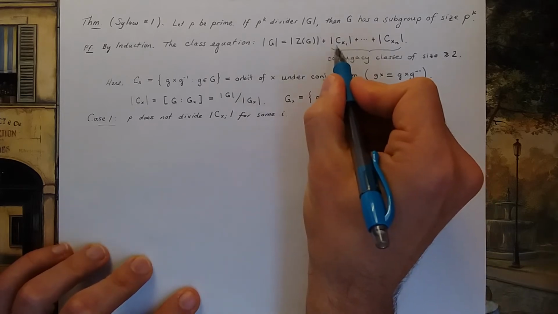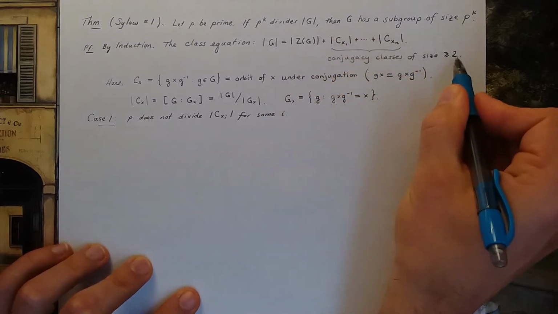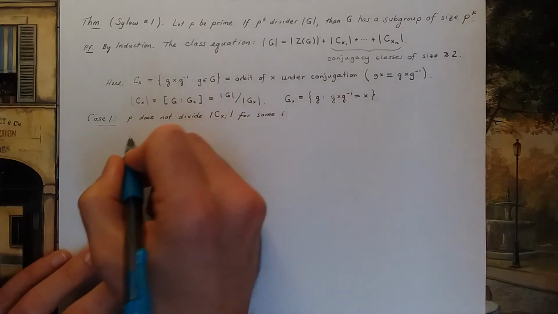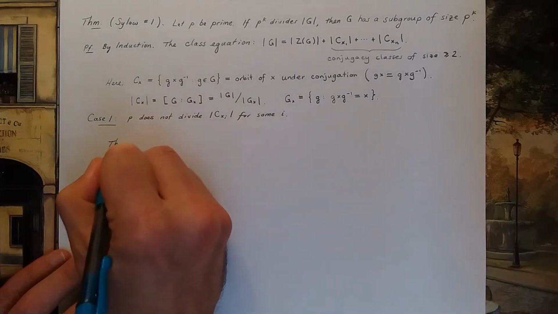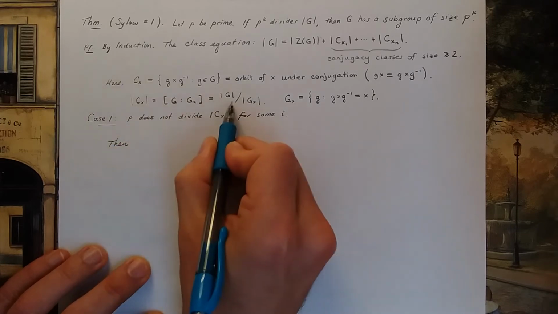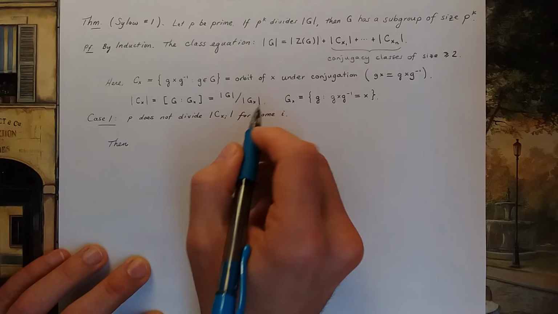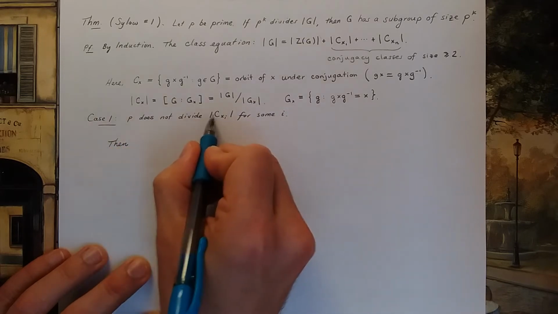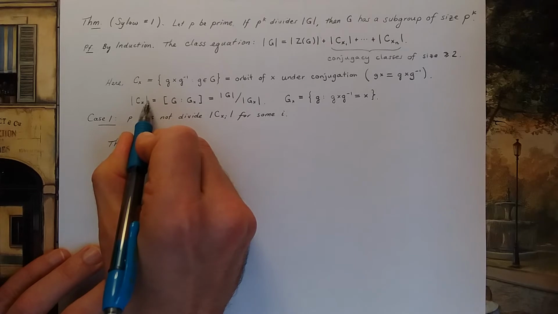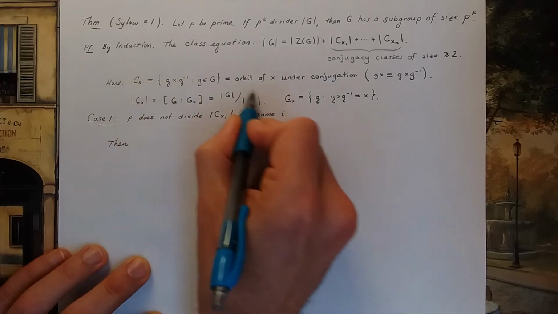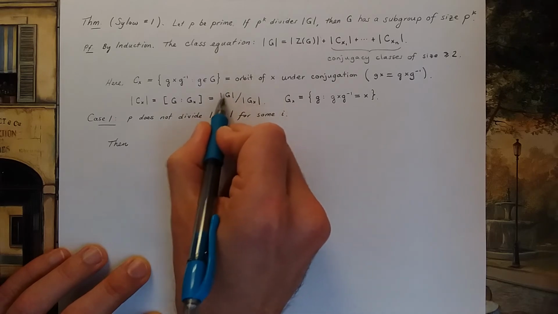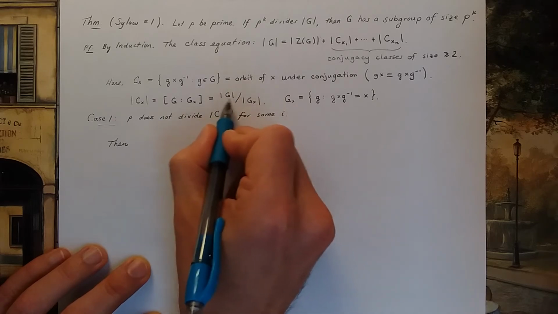So I have these conjugacy classes of size 2 or bigger, and in case 1, p does not divide one of them. Well, in this case, because of the orbit stabilizer theorem, p does not divide the size of the conjugacy class, so p does not divide this division. But p does divide the size of the group.